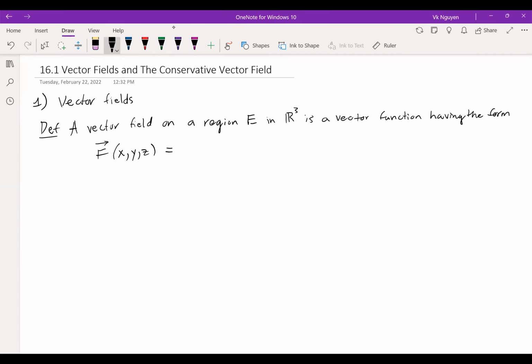So it is a(x, y, z) i plus b(x, y, z) j plus c(x, y, z) k. A lot of people prefer to write this as A, B, C. Yeah, it's A, B, C.